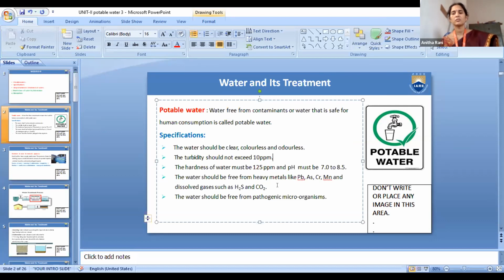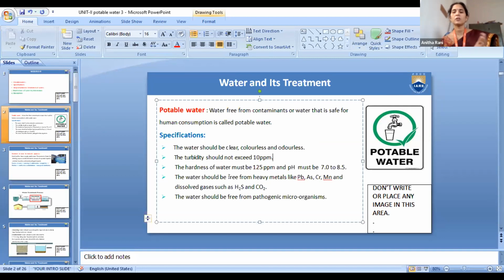Understood, ma'am? So first point, the water should be clear, colorless and odorless. Second, the turbidity should not exceed 10 ppm, meaning there should not be suspended impurities like clay, mud or sand particles. The hardness of water must be 125 ppm, and pH must be 7.0 to 8.5, not too alkaline and not acidic.